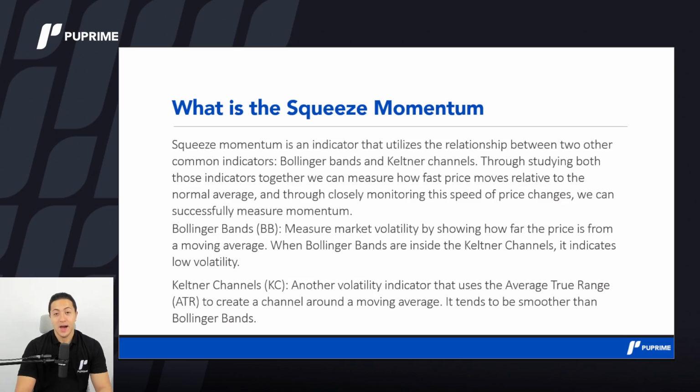This guy didn't really invent something new, but he combined two already existing indicators, and he looked at those indicators in a new way, and he figured out that here might be an opportunity to look at momentum in a new way. What are the two indicators that he used? It was basically Bollinger Bands.